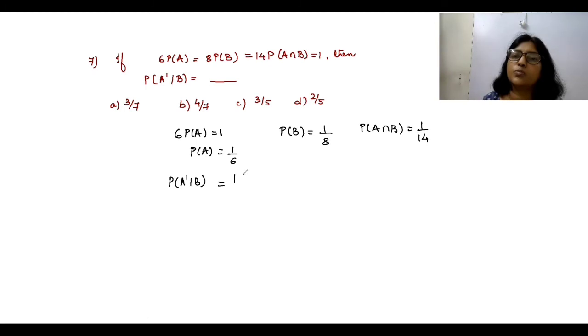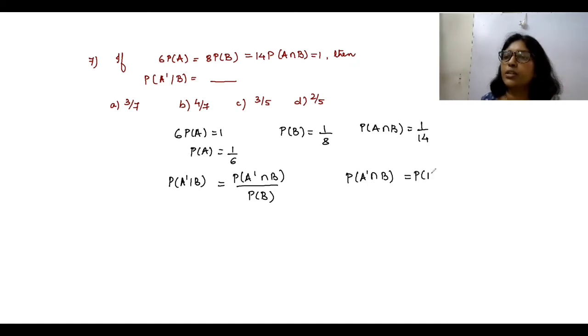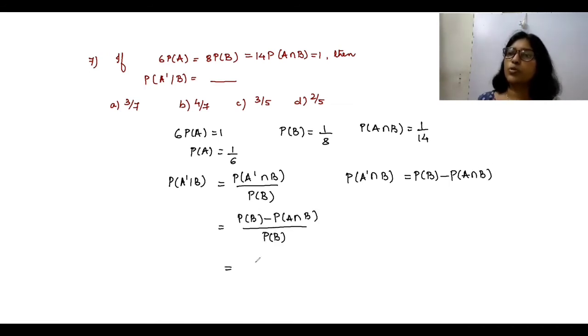So the formula is P of A dash intersection B upon P of B. Now, this is again a formula which is P of B minus the intersection. So just put in the values, calculate, find out the answer, and leave it in the comment box.